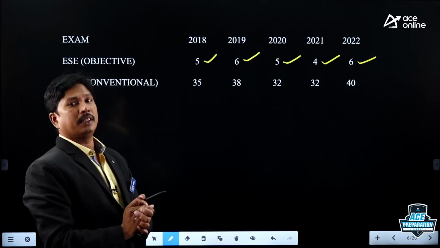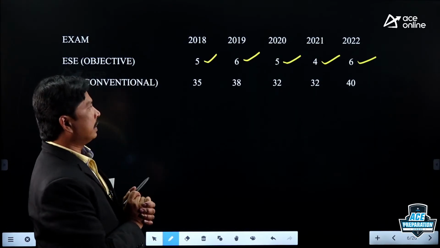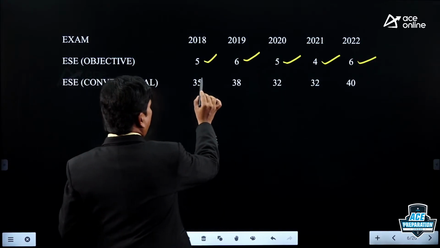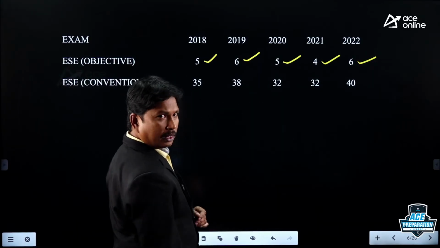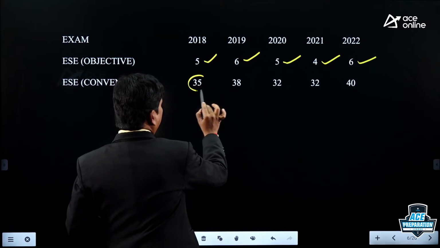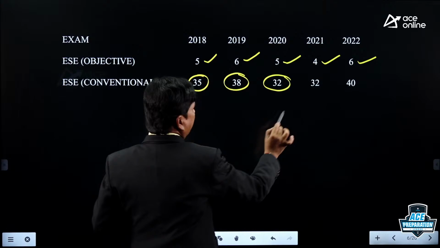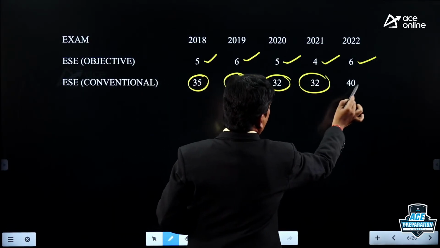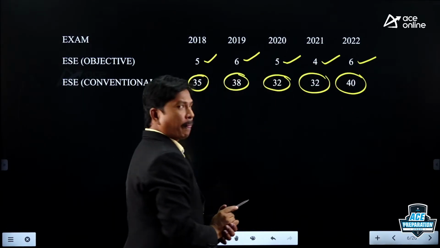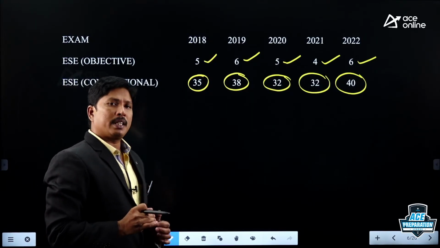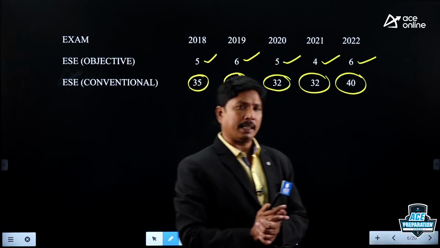That is the weightage of transmission and distribution in engineering services prelims. And coming to the conventional exam, students, we get approximately 30 to 40 marks: 35 here, 38 in 2019, 32 in 2020, 32 in 2021 and 40 marks in 2022. Clear, students?